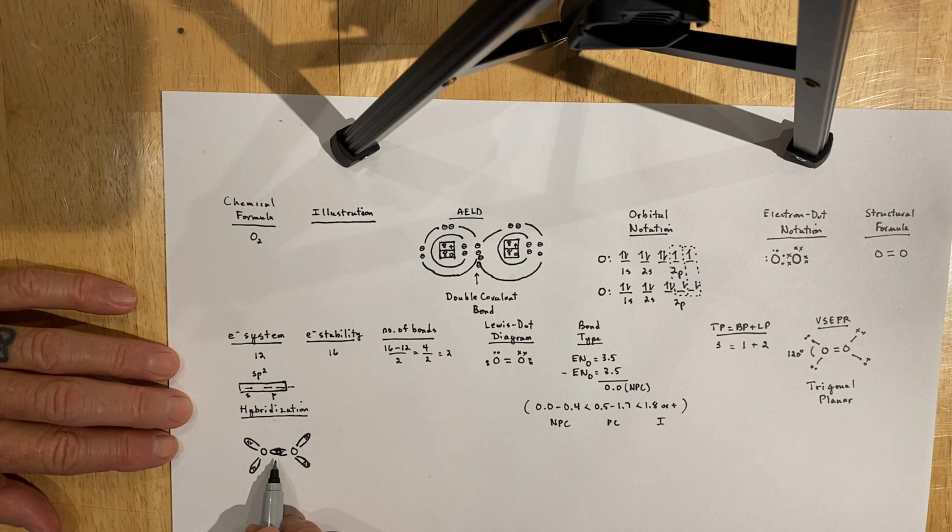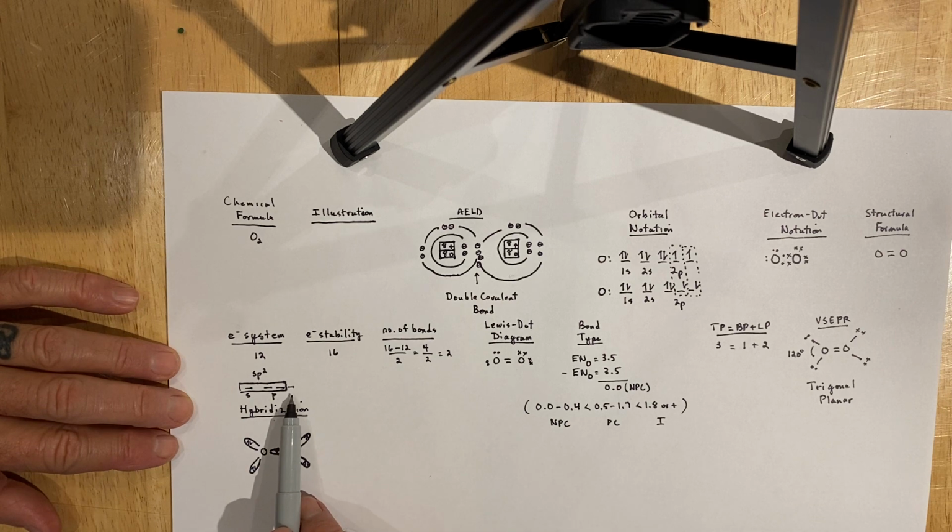The problem with doing this is that if you assign electrons to each oxygen atom, this one would have 2, 4, 5, and this one would have 2, 4, 5. But we actually need 6 valence electrons for each oxygen atom. So where are the remaining 2 electrons, one for each oxygen atom?